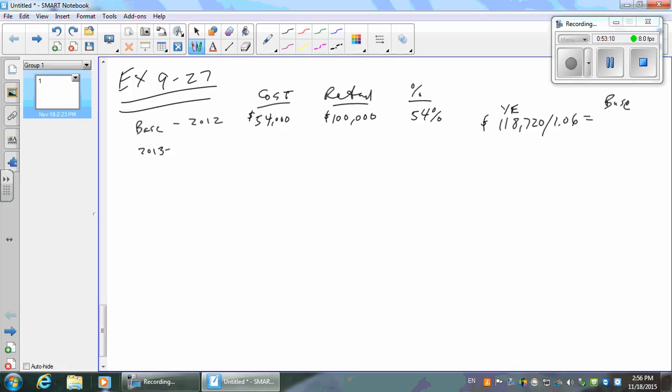At retail. So what is 118,720 divided by 1.06? 112. 112 even? All right, that's nice of them. So now this is base, 112.